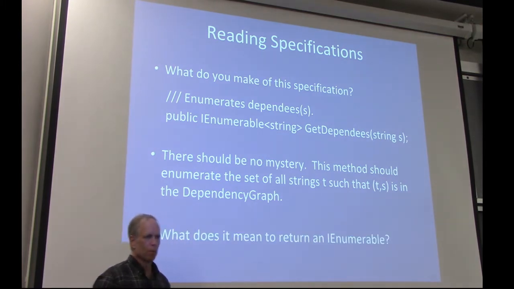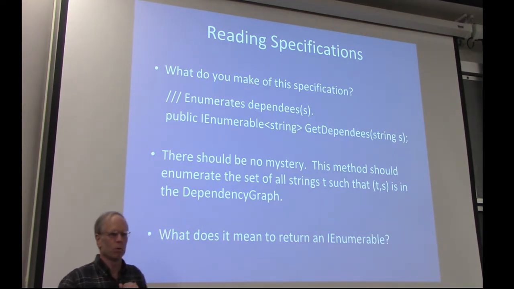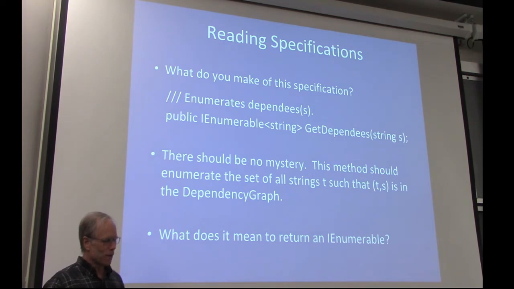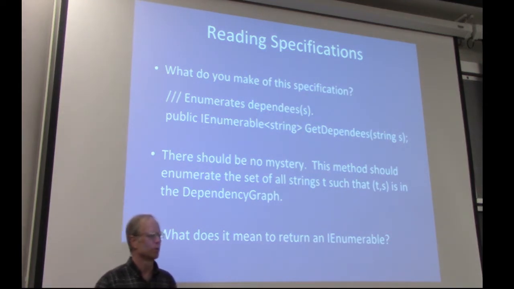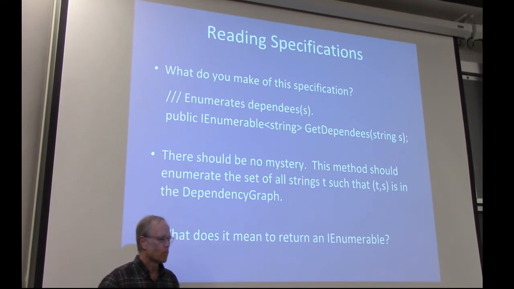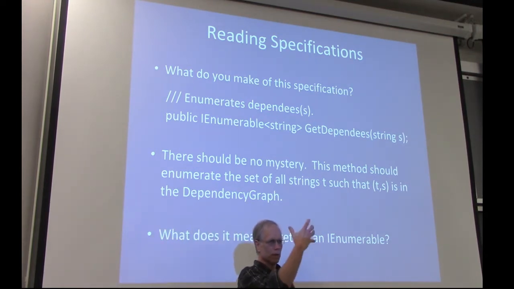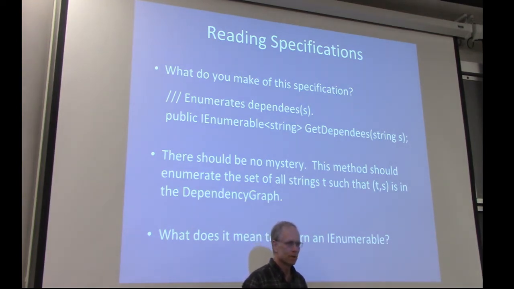Now, it returns an IEnumerable. And again, I know students that just run for the hills when they see IEnumerable. I don't understand why. What does it mean when it says it returns an IEnumerable? Yeah? It's returning a set that can be iterated over. It's returning a collection. Basically, it's returning a collection that implements this interface. It can be a set. It could be a list.